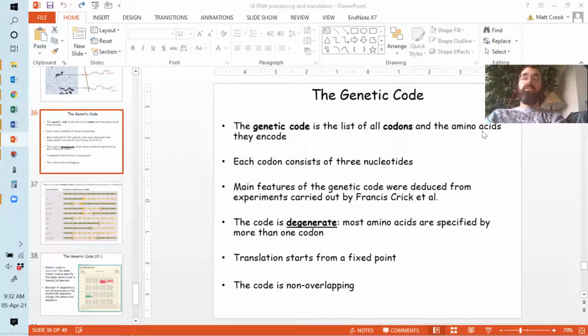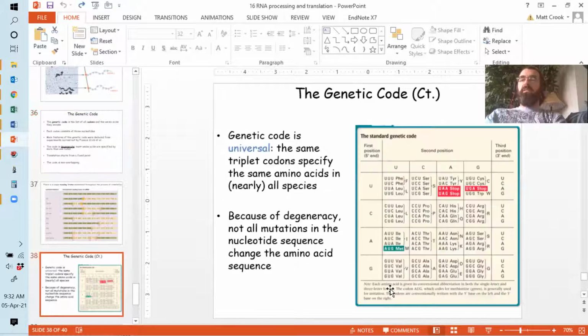And so that's really important to stress because here we go to the genetic code. So this is a codon table, which I'll explain in a little bit.